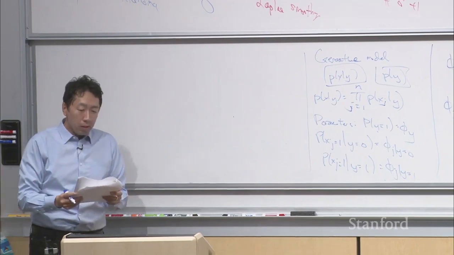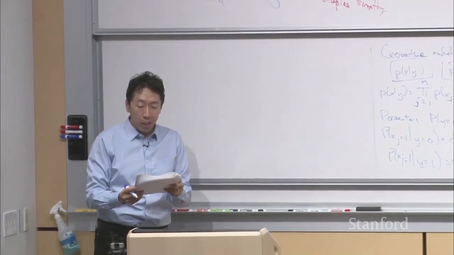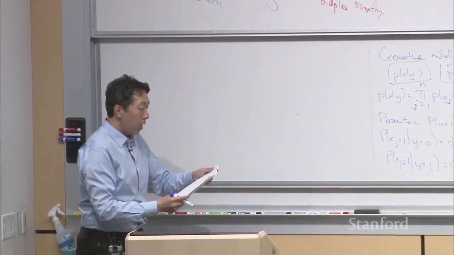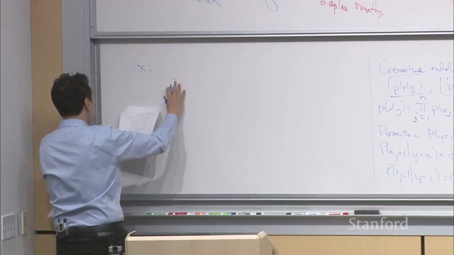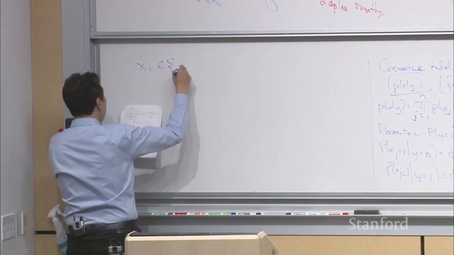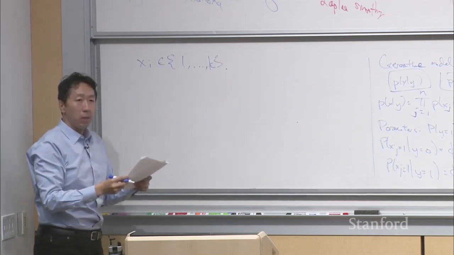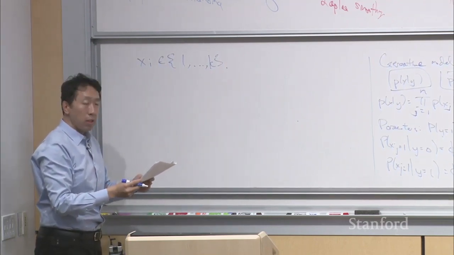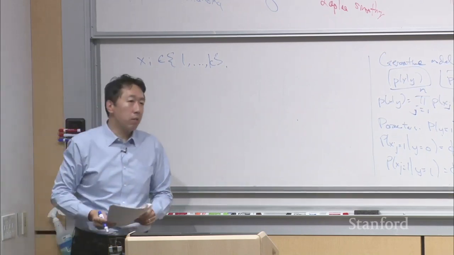So in the example we've talked about so far, the features were binary valued. And so actually, one quick generalization, when the features are multinomial valued. Here's one example. We talked about predicting housing prices, right?